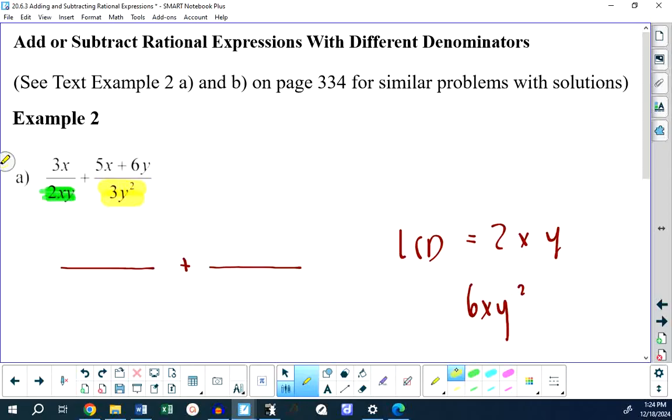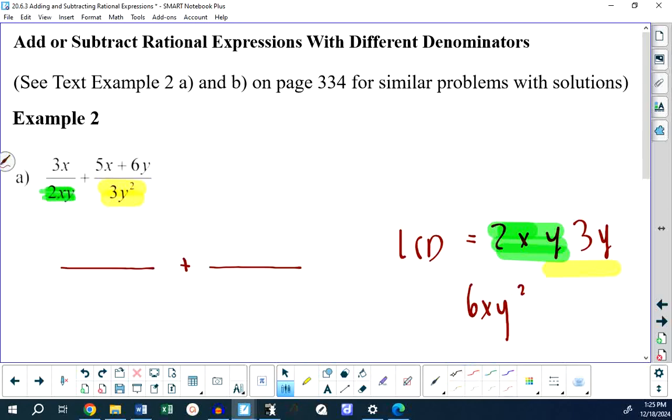We don't have a 3 yet, so we can put a 3 over here. There's no x's, we don't need to worry about that. And it has to contain y squared. So the 2xy is contained here, and the 3y squared is contained there. Again, there's that overlap. So we get 6xy squared.